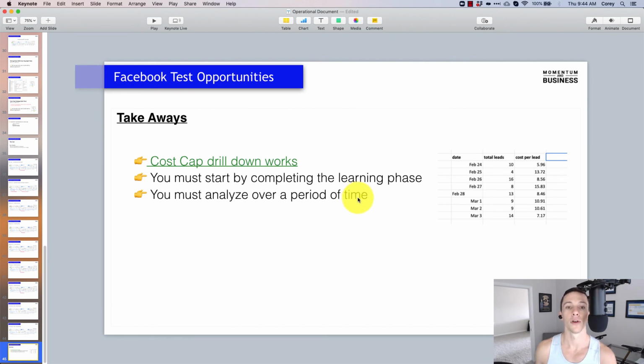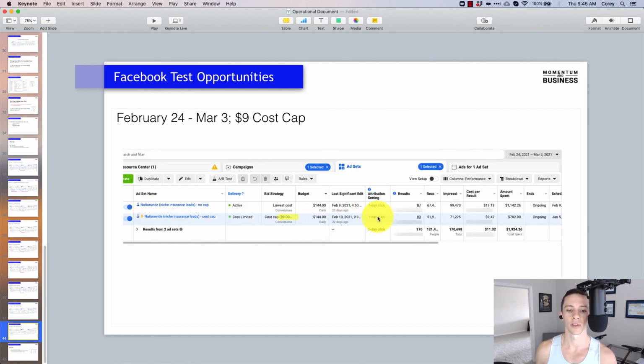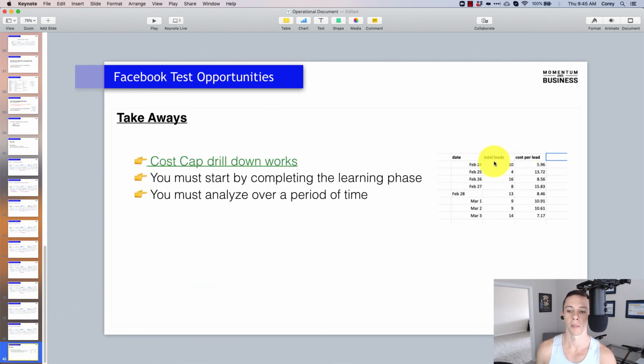So I said no less than 7 days. I look at my Facebook ad performance on a period of no less than 7 days. What I did here is I took the performance of this ad set with the $9 cost cap from this period, March 24th to March 3rd, and I put in the total lead count and the cost per lead.